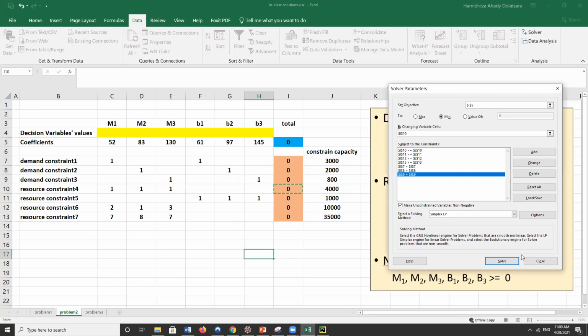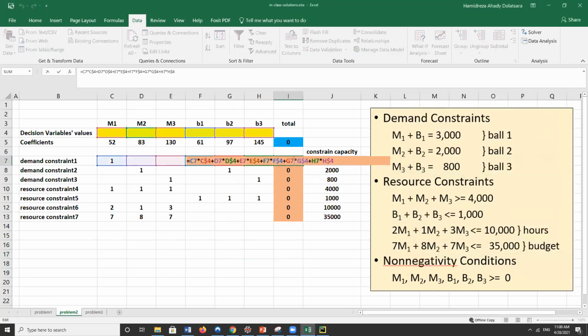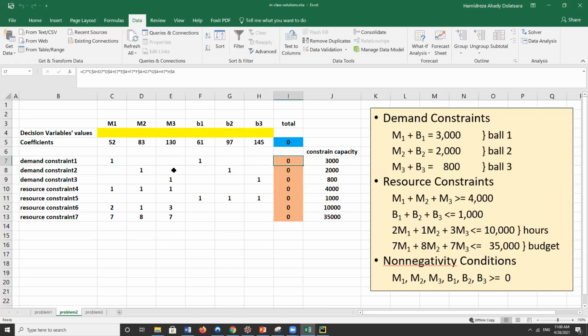Let me just click on it. Okay, this one, this equation.